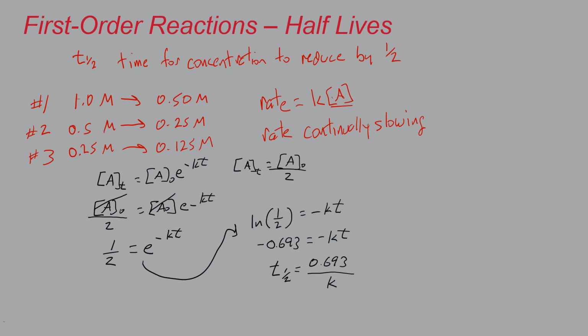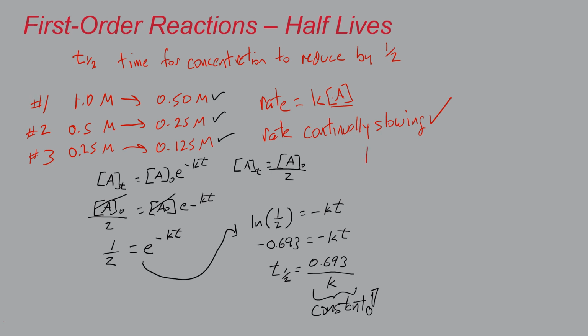And why is this an important result? Well, it's a constant. What that means is that this half-life and this half-life take exactly the same time. This is actually one of the distinguishing features of first-order kinetics. How does that work? Well, yes, the rate is continually slowing.